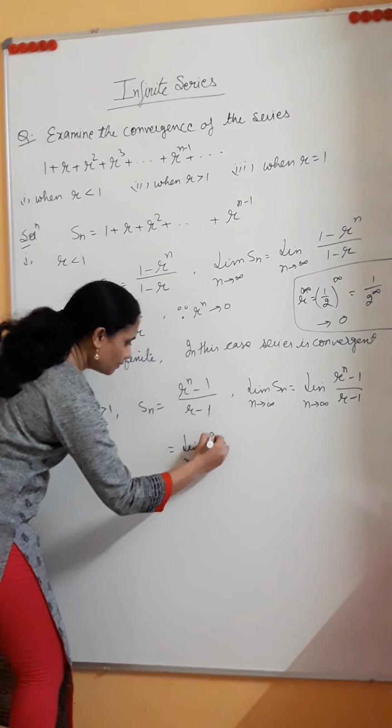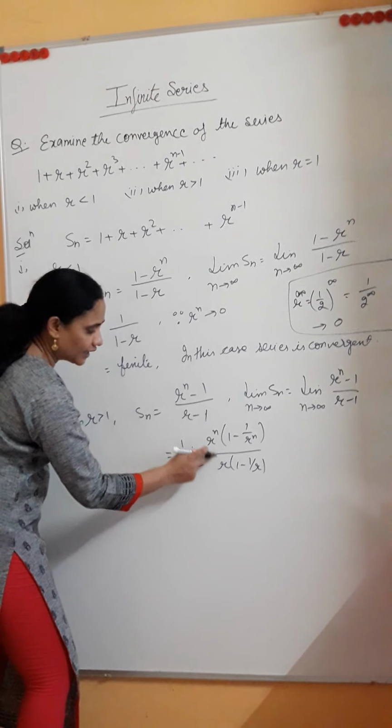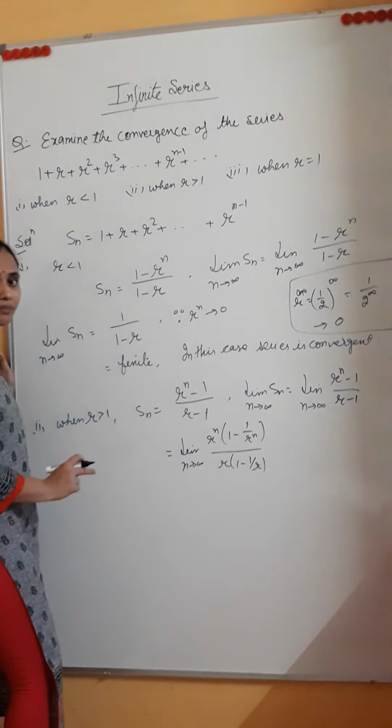Here also I have taken common. So as n tends to infinity, this becomes 0. But what we are getting is still r power n, which is tending to infinity. Therefore, the series is divergent, since r power n tends to infinity when r is greater than 1. So in this case, when r is greater than 1, the series is divergent.